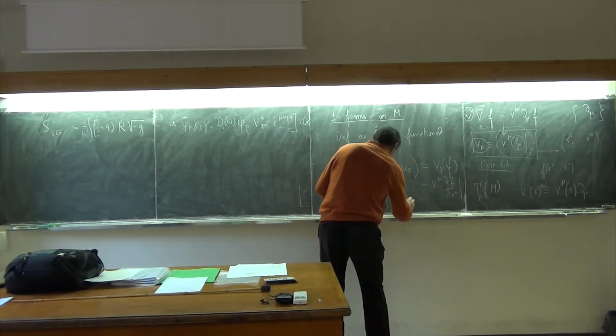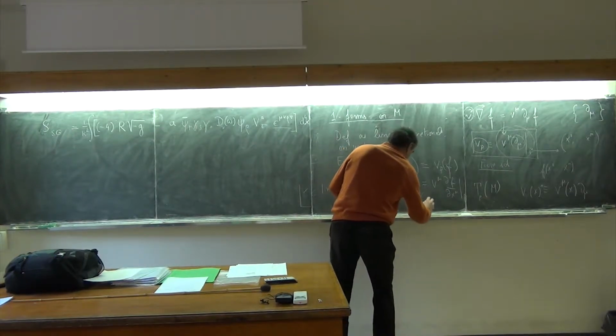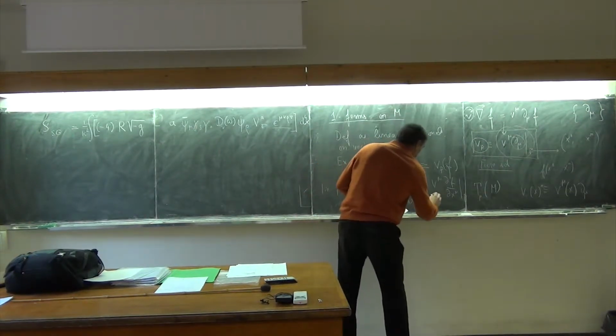Well, yes. This is really dx^nu, and here you have the vector that I wrote as v^mu.